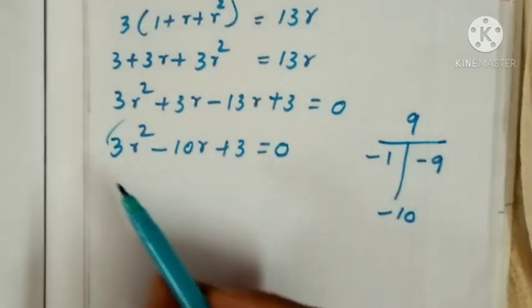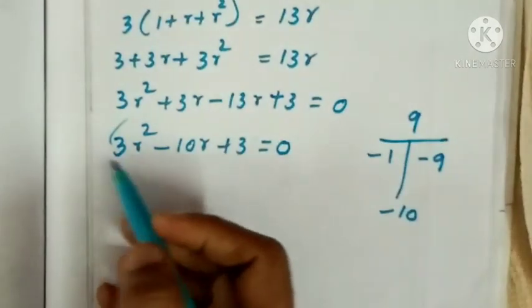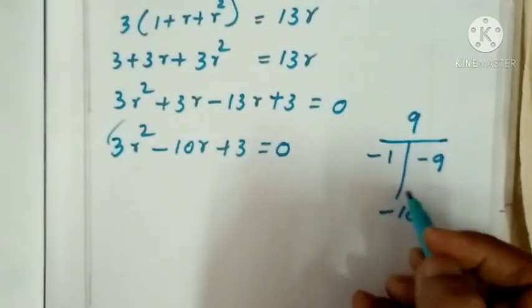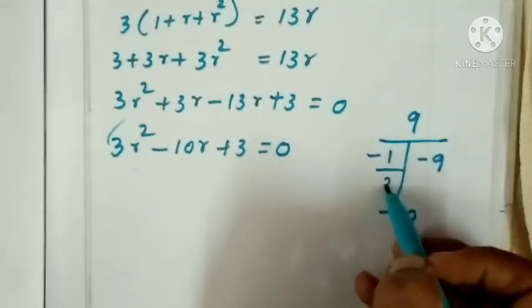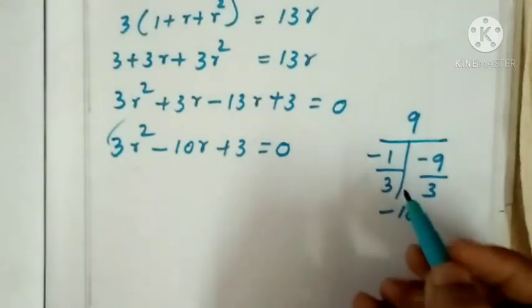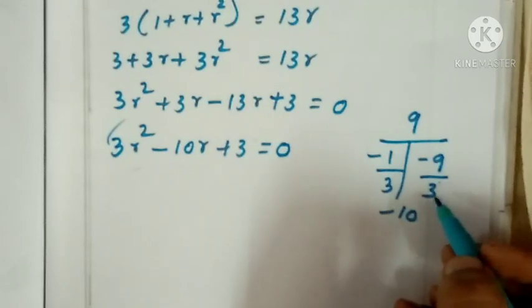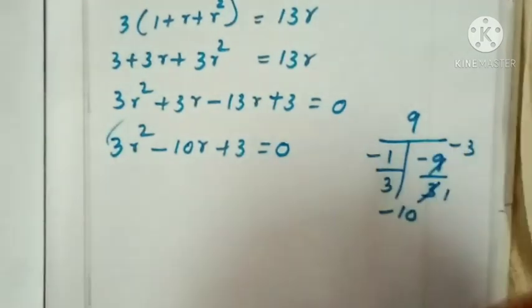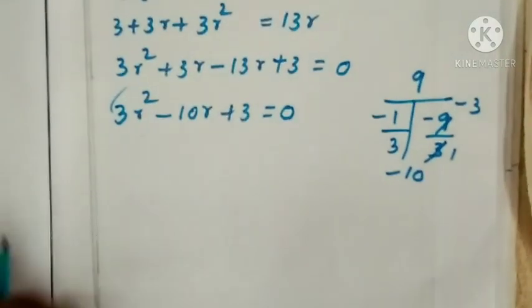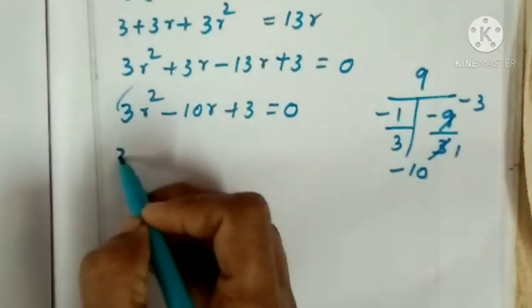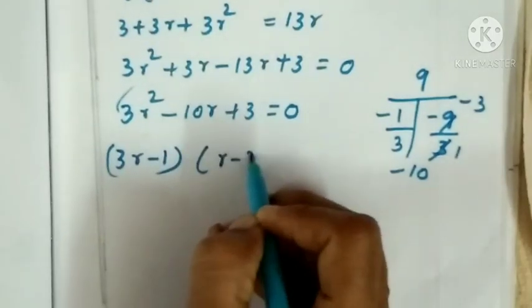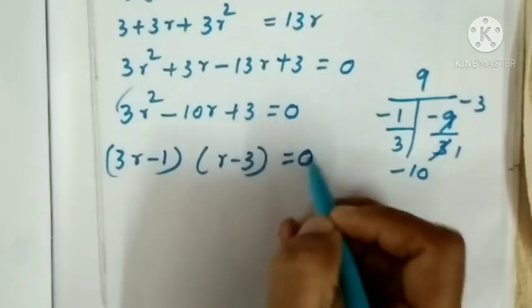Then next you have to divide it by 3 because the coefficient of r squared is 3. 1 3 is 3, 3 3s are 9. Then the factors are 3r minus 1 into r minus 3 is equal to 0.